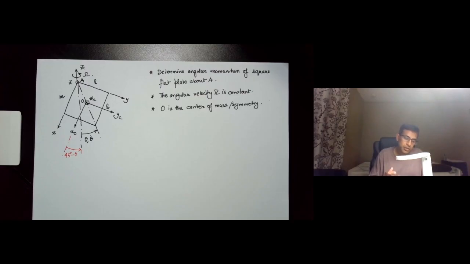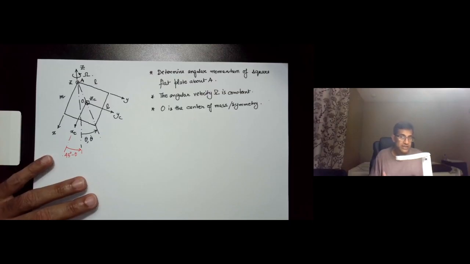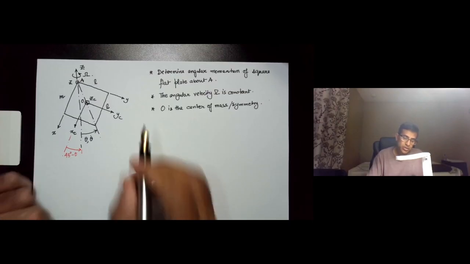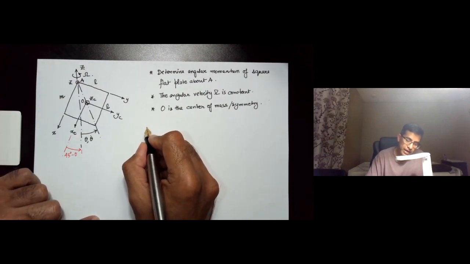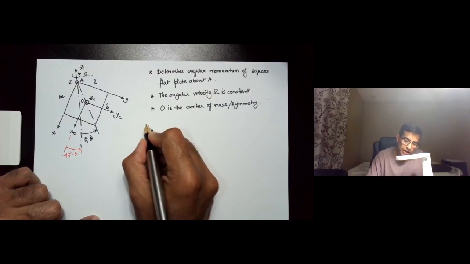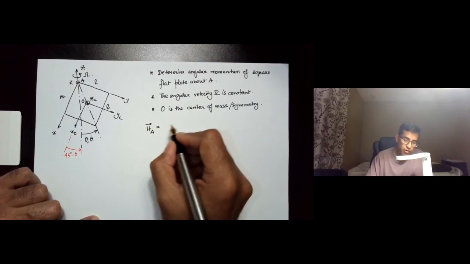Whenever you consider your reference point as the center of mass, and especially when the coordinate system is aligned with the axes of symmetry, then you have the benefit of a simple moment of inertia tensor.